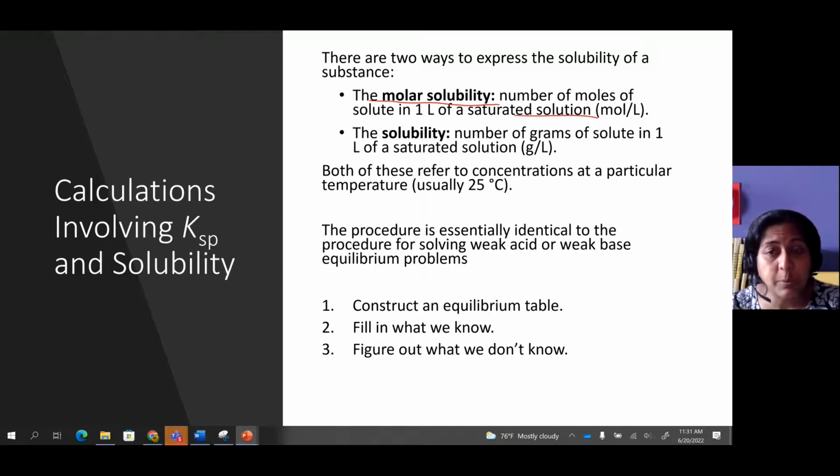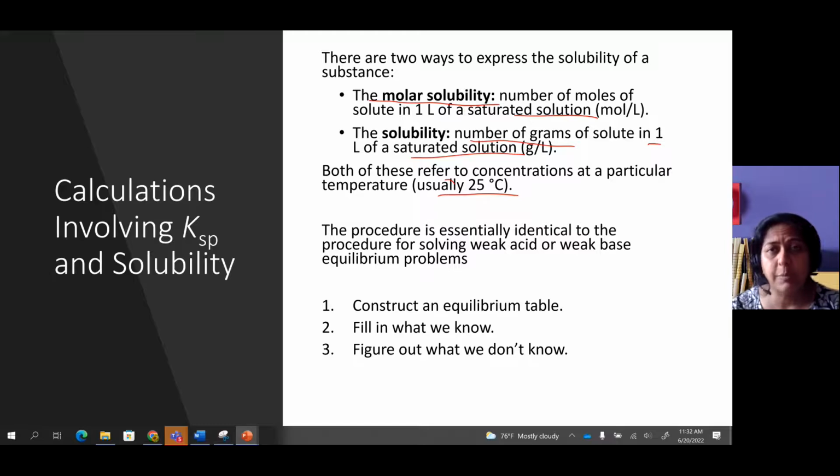Solubility is the number of grams of solute in 1 liter of saturated solution. So you can express it with either molar solubility or solubility. Both refer to the concentration at 25 degrees Celsius.